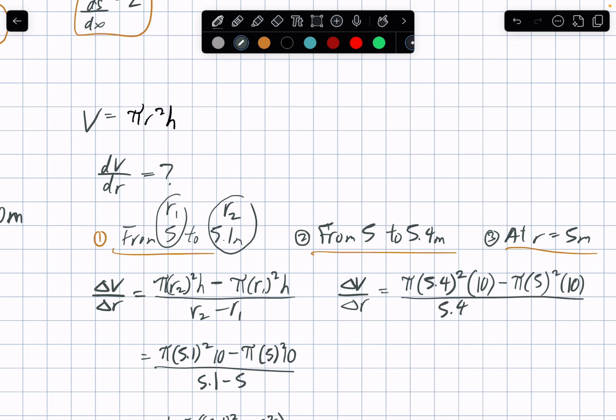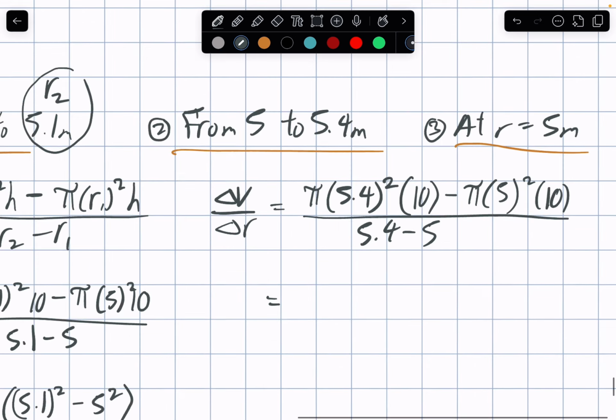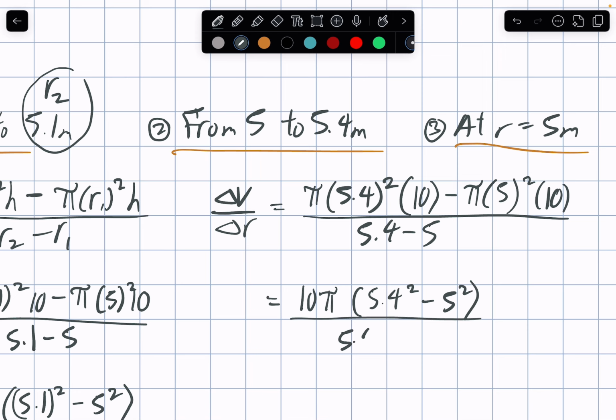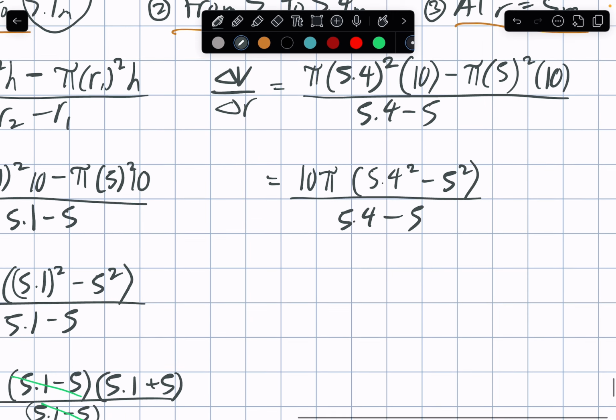Below, R2 minus R1. We can factor something, 10 pi, 5.4 squared minus 5 squared, 5.4 minus 5.